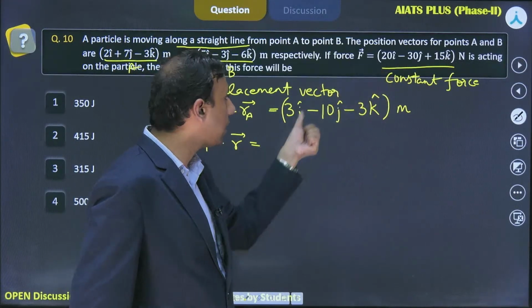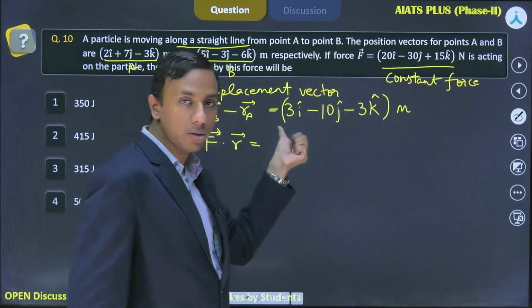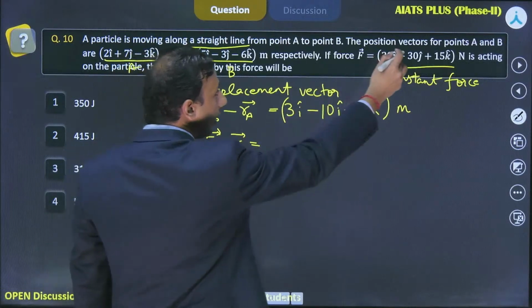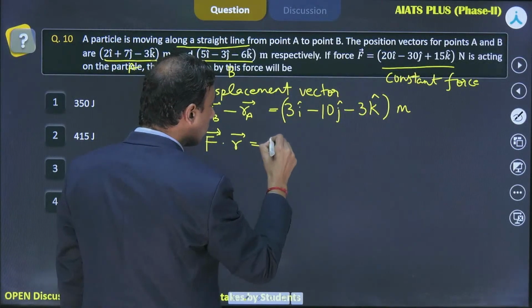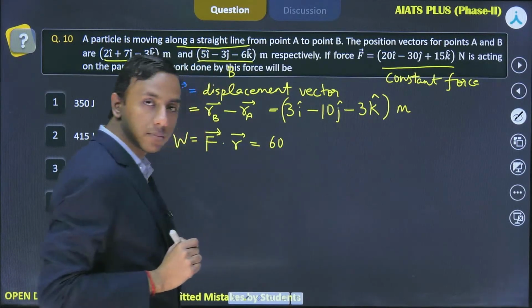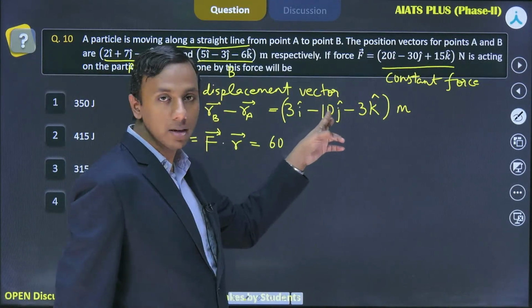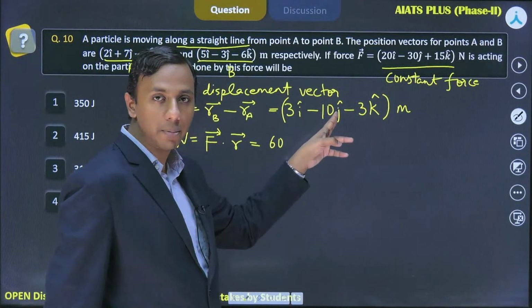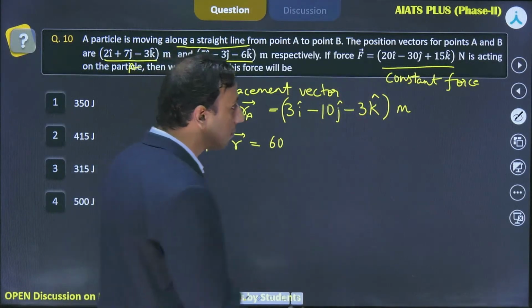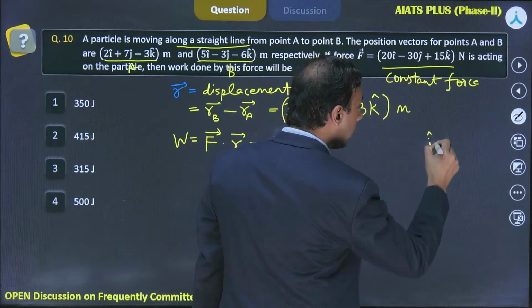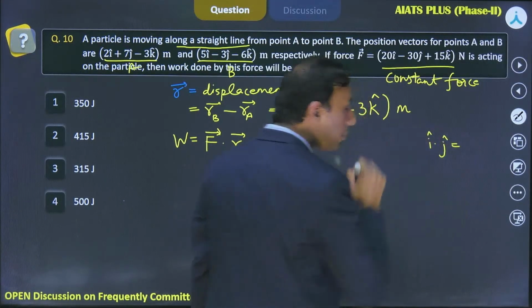So i cap with i cap will become 20 into 3, that is 60. Why am I not taking 20 into 10? Because here is i cap and there is j cap. So i cap dot j cap is how much? It will become 0.